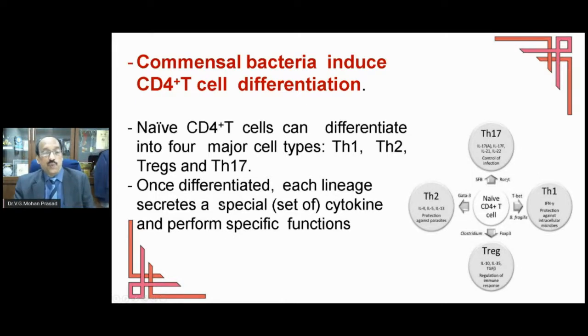So once differentiated, each lineage secretes a special type of cytokines and performs a specific function. For a naive CD4 positive T cell to become converted to a Treg or a Th17 or Th2 or Th1 depends upon what organisms are there in the gut. Okay.